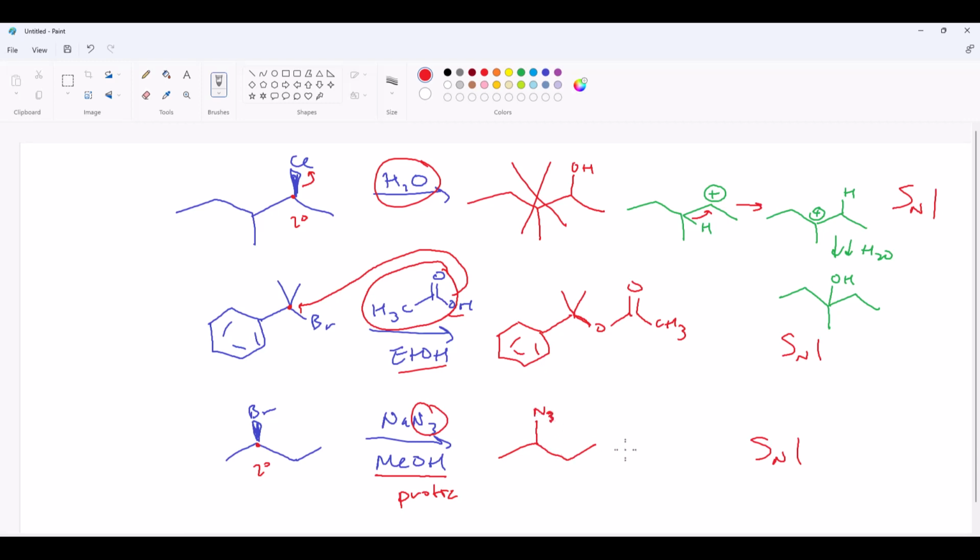So we lose the stereochemistry. We can either write that with a straight line, or to indicate a racemic mixture, we can write it with a squiggly line. Both of these answers would be correct. Since it's an SN1 mechanism, we lose the stereochemistry. Whereas we saw in the last example with this type of reaction, we had inverted stereochemistry because it was an SN2 mechanism, whereas SN1 scrambles the stereochemistry.